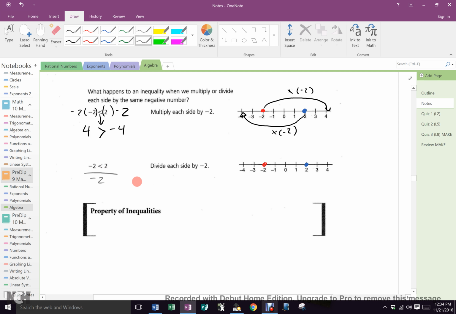Divide both sides by -2. What do I get on the left? 1. What do I get on the right? -1. What's the sign? The sign flips because this 2 goes to here when I divide by -2, and this 2 goes to here when I divide by -2. So what does that tell us about dividing?